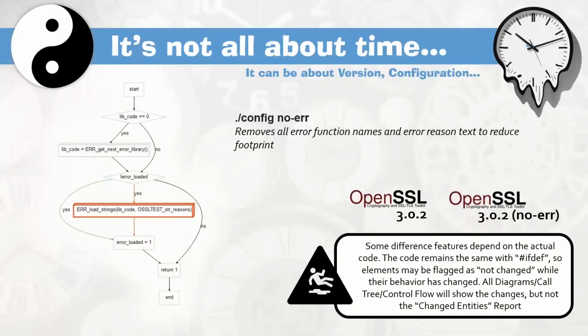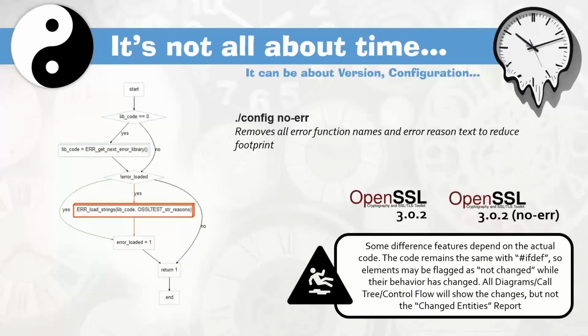One more thing as well: it's not all about time. In all the presentation here, I have focused on things related to going from one version to another, in time. But you could also compare things based on configuration. OpenSSL 3.0.2 can be compiled with a flag called no-error.